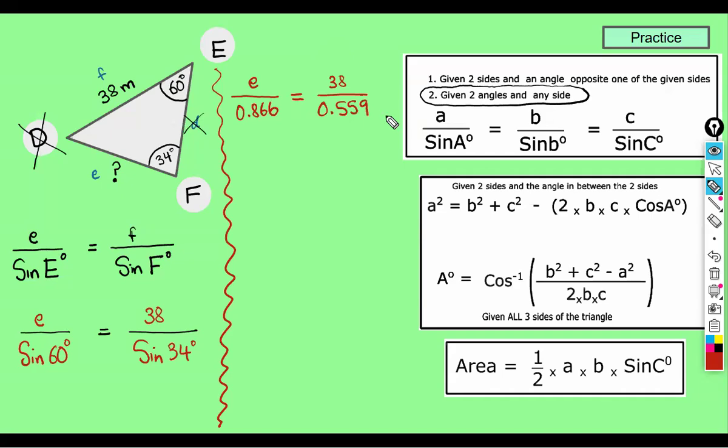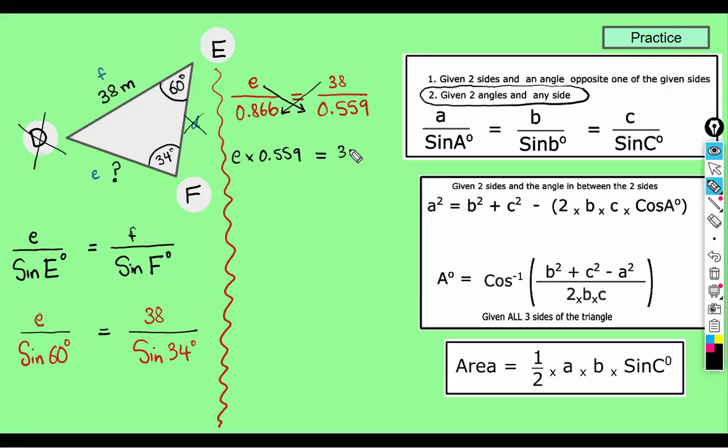Great. Now, this one will have no sine inverse. Look at it, all the sines disappear, right? So it's just a matter of cross multiplying. You get E multiplied by 0.559, and then you say 38 multiplied by 0.866.